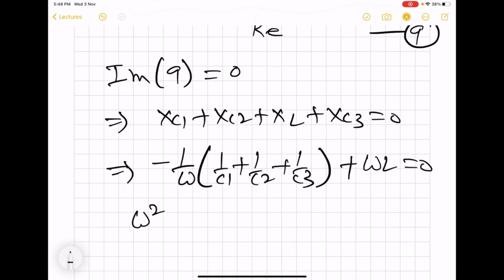So we find omega square is equal to 1 by L into 1 by C1 plus 1 by C2 plus 1 by C3.